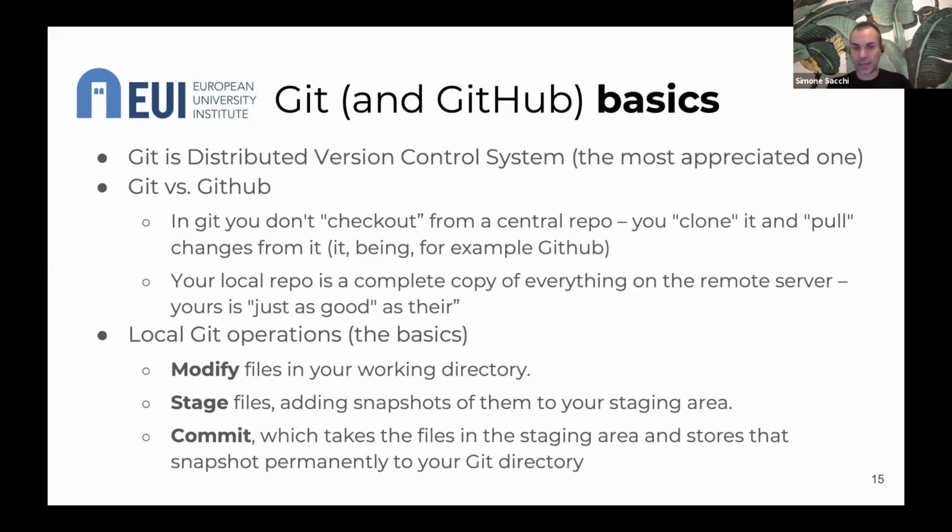As I said, this is again a very high-level perspective on version control, but I hope that it gives you an idea of how it might help you through your research, because it's extremely easy to lose track of what you're doing. It's extremely easy to lose something if you overwrite it.